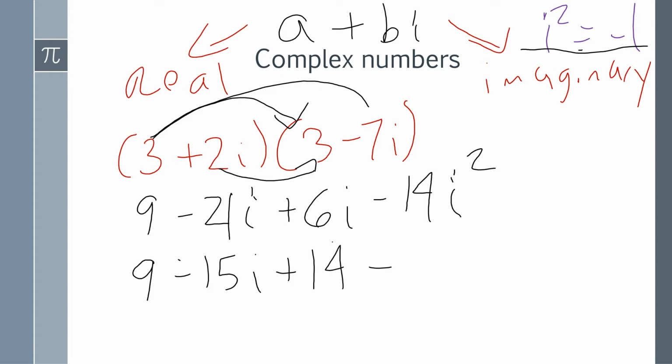So 9 plus 14, so that's 23 minus 15i. And that's the simplistic way of doing it. That's just it. All right.